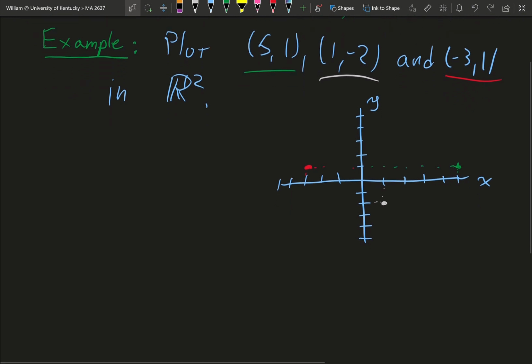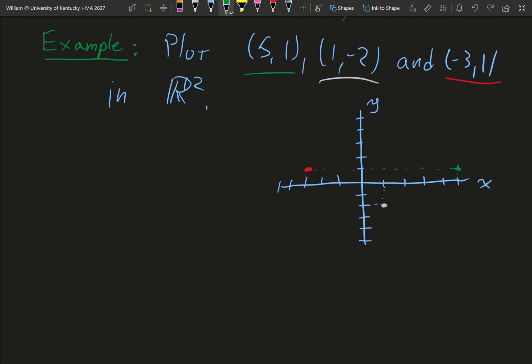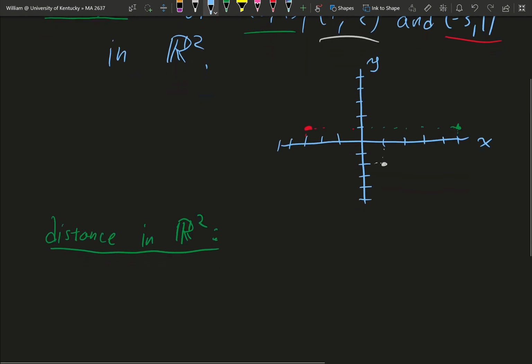The other thing I want to recall is the distance formula in 2-dimensional space. I don't just want to recall the distance formula, I want to remind you why it works.